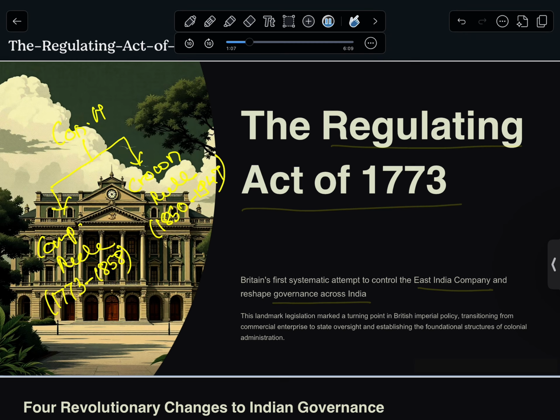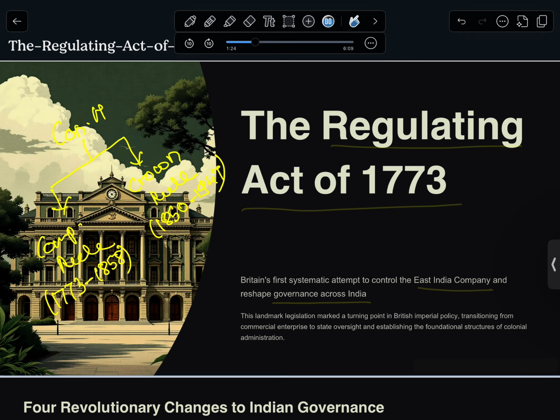At the end of 1947, after independence, we got our constitution, which was implemented on the 26th of January 1950.